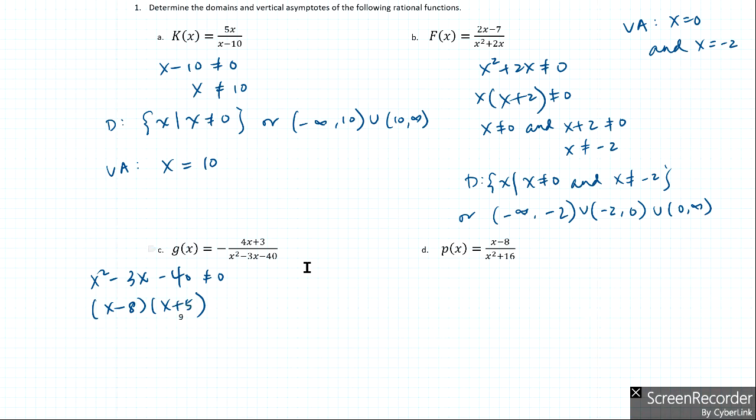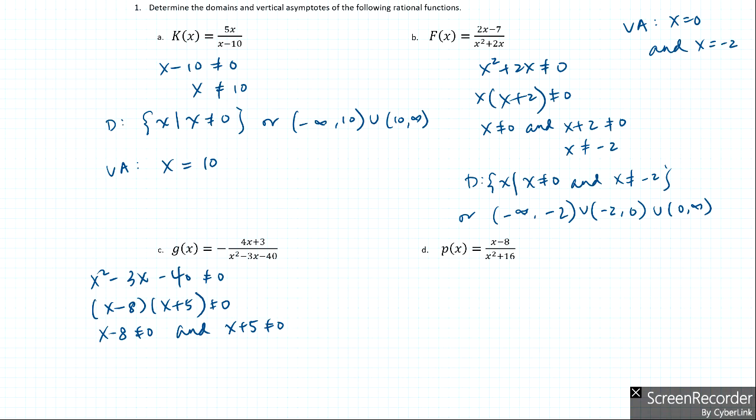And we got these two numbers because 8 times negative 5 is equal to negative 40, and 5 times negative 8 is negative 40, and also 5 plus negative 8 is negative 3. So these are the two numbers we want. And we want this doesn't equal 0. So as a result, we get x minus 8 doesn't equal 0, and x plus 5 doesn't equal 0.